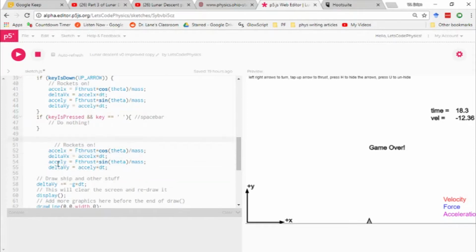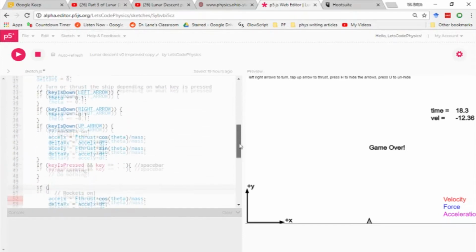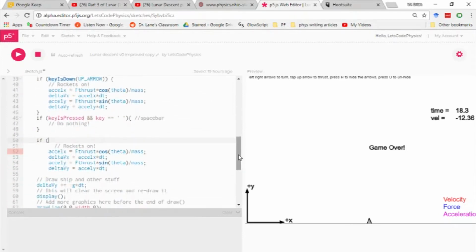So I need the computer to be thinking about the vertical velocity. Let's see, what are we using for vertical velocity? We're calling that Vy. All right, so let's try if Vy is, let's say, less than, we don't want this thing landing too terribly fast.